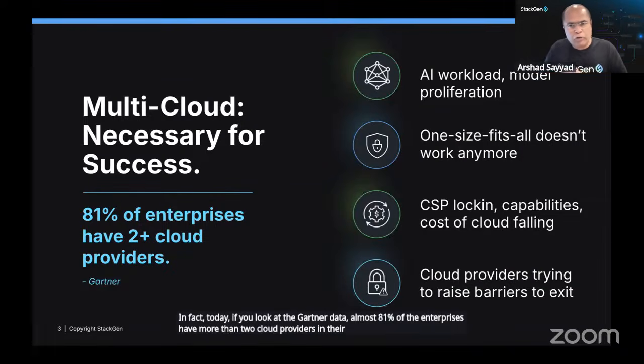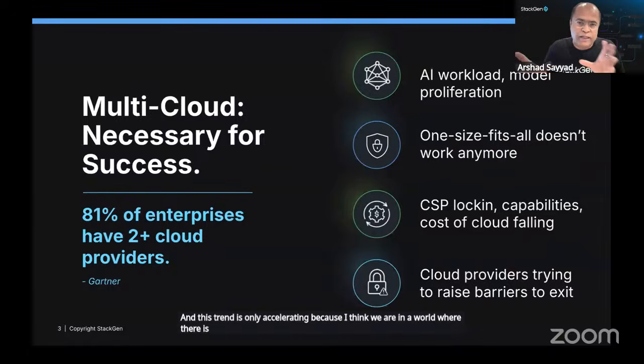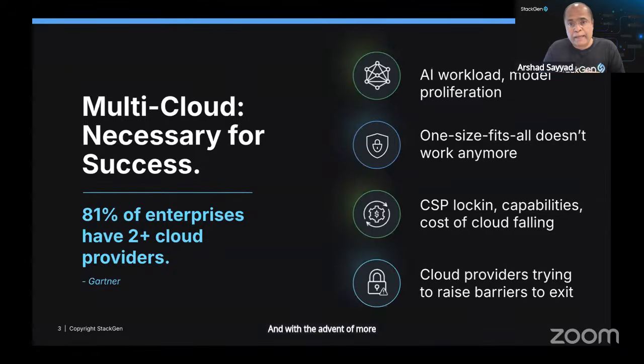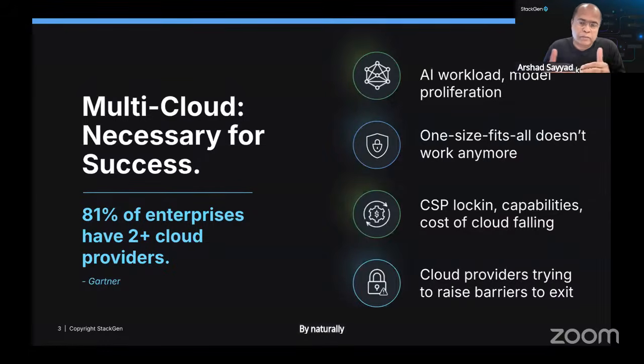And this is across small to medium to large enterprises. And this trend is only accelerating because we're in a world where there is a massive wallet share battle going on between the cloud service providers. And with the advent of more and more AI workloads coming in and AI models proliferating across multiple cloud service providers, by evolution, more and more enterprises are going to have more and more clouds.